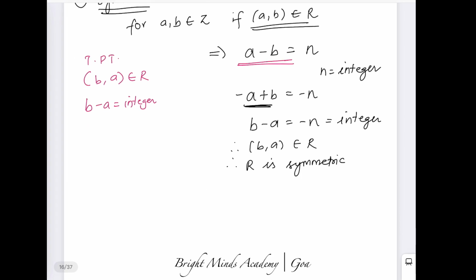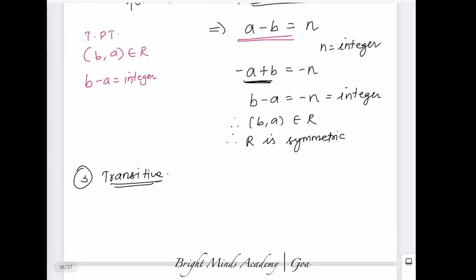Now the last thing that I have to prove is the transitive behavior. For transitivity, I'll say for a comma b comma c belonging to the set of integers Z, we have that a comma b belongs to the relation R and b comma c also belongs to the relation R. What does this mean?